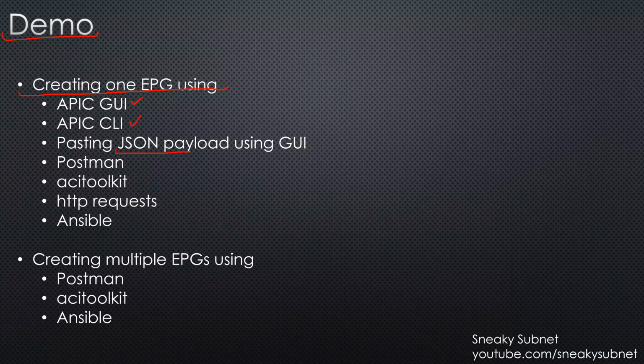We will paste a JSON payload using the graphical interface. After that, we will take a look at Postman, ACI toolkit, HTTP requests, and Ansible. And in the second part, we will create multiple EPGs, again, using Postman, ACI toolkit, and Ansible. So, with that being said, let's proceed and have some demonstration.